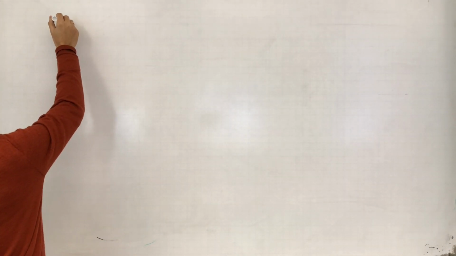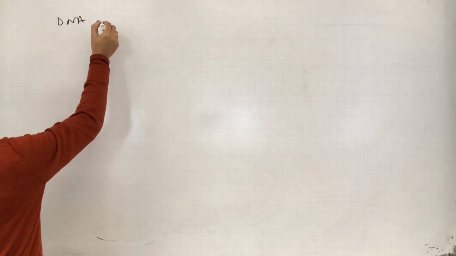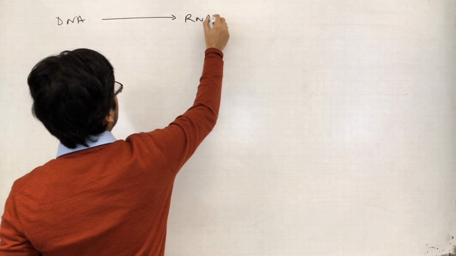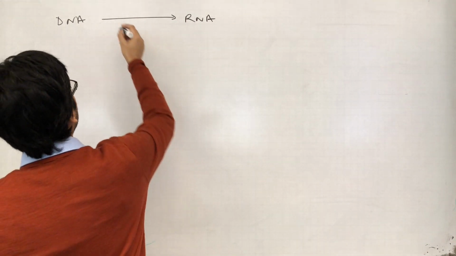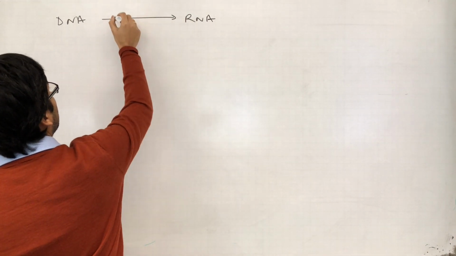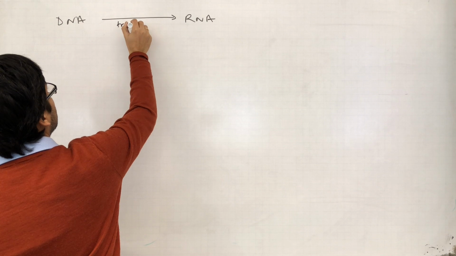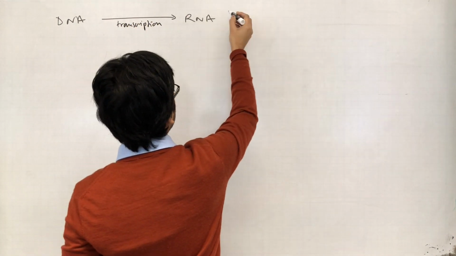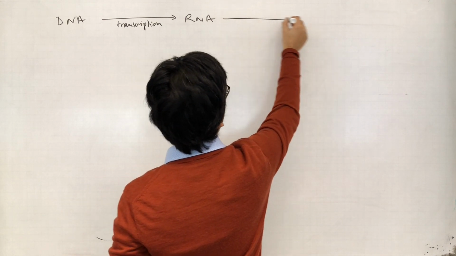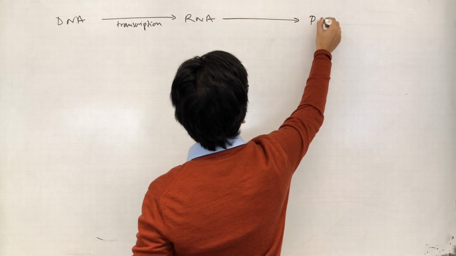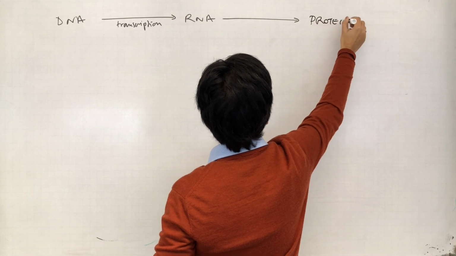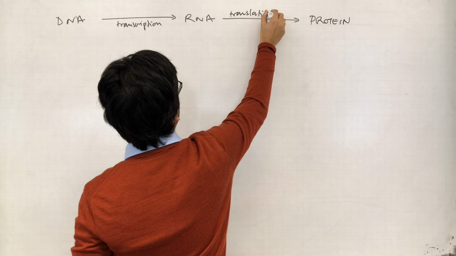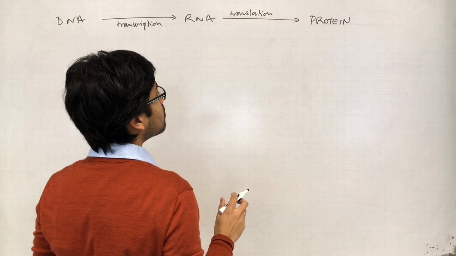So we had DNA, and the DNA is used to make RNA, transcription, and once we have the RNA, it is then used to make protein, and the process that does that is translation happening at the ribosome.